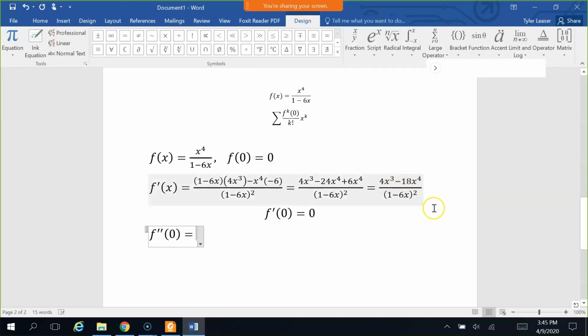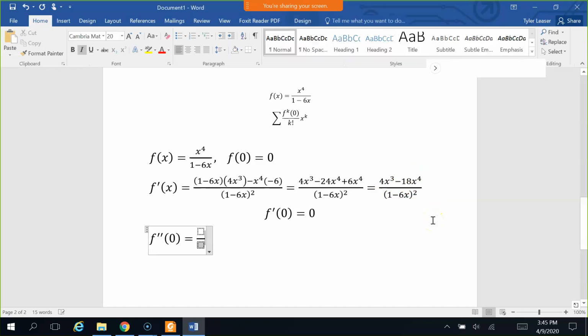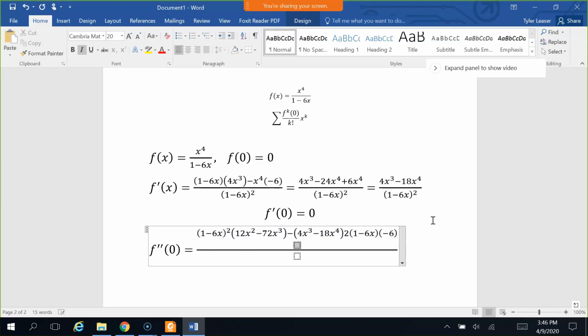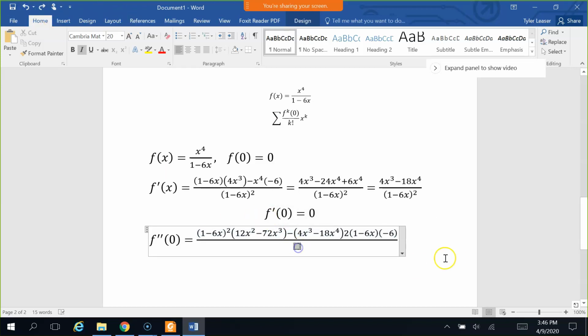So if I take the second derivative here, it's going to be the bottom, 1 minus 6x squared, times the derivative of the top, 12x squared minus 72x to the third, minus the top times the derivative of the bottom, all divided by the bottom squared.